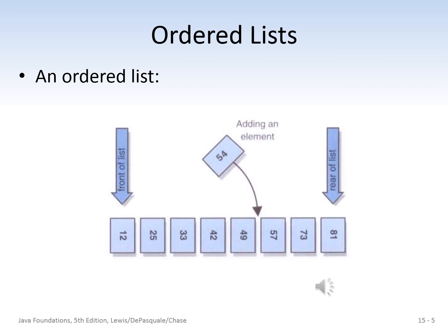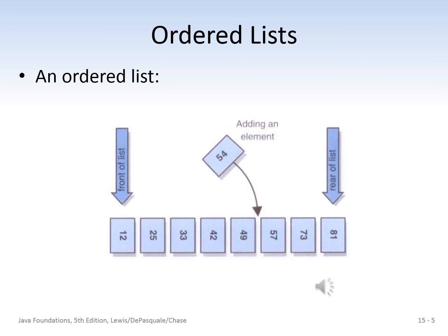The rear of the list holds 81. And they are increasing in an ascending way. So if we wanted to add 54 to this list, it would have to go in between 49 and 57. I think that's pretty straightforward. You should not have any problems with this concept.